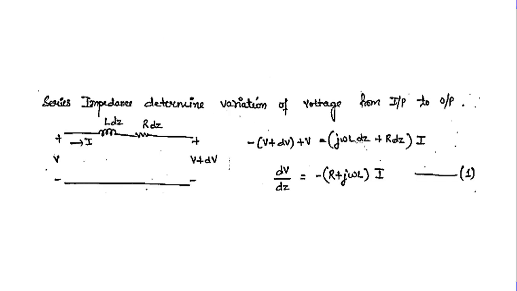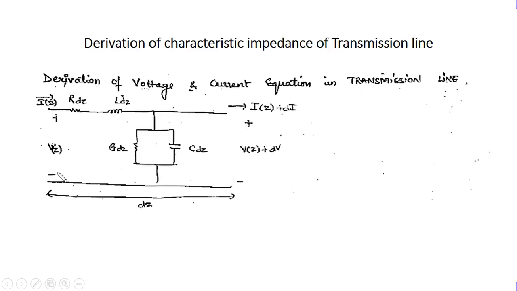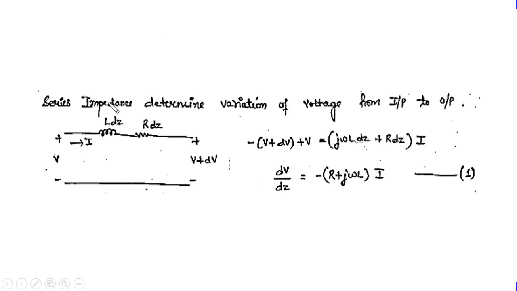So let us first calculate the series impedance for the given circuit. As we are going to calculate the series impedance, we will consider G and C to be 0 and only consider R and L in the circuit.